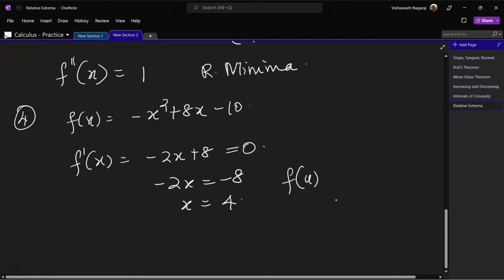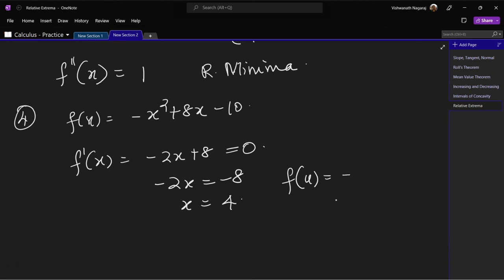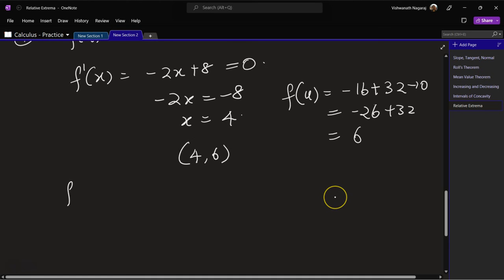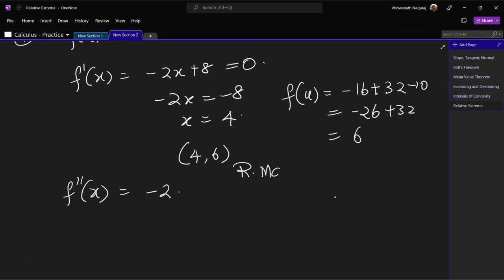And f of 4 is going to be equal to minus 16 plus 32 minus 10, which gives us minus 26 plus 32, which gives us 6. So the point is 4 comma 6. Now f double prime of x will be minus 2, which is negative. So this is going to be relative maxima.